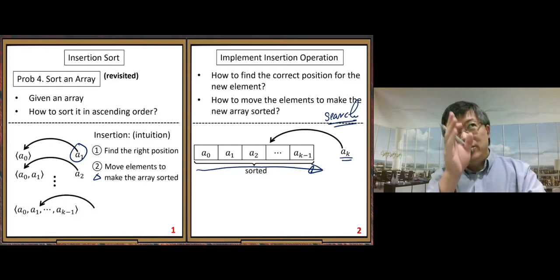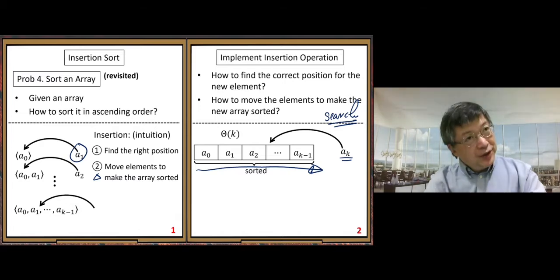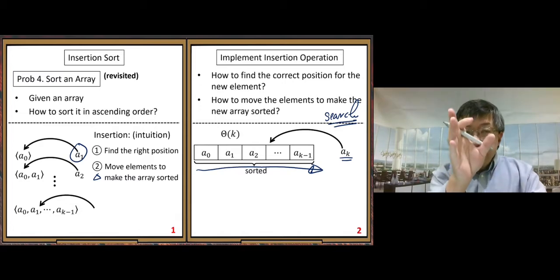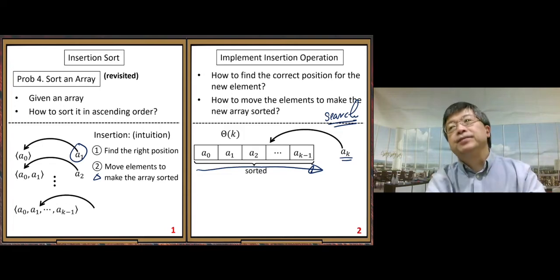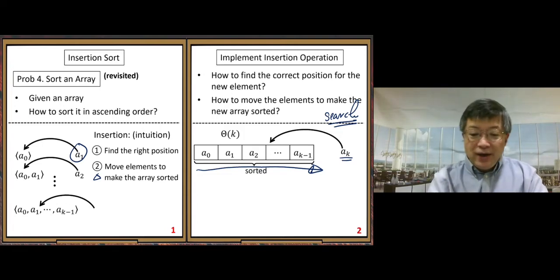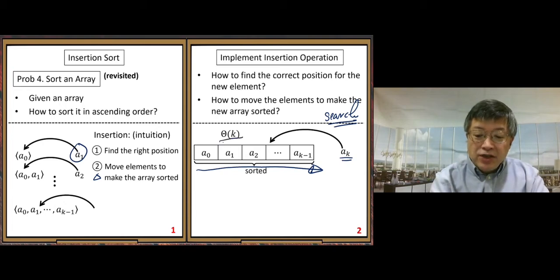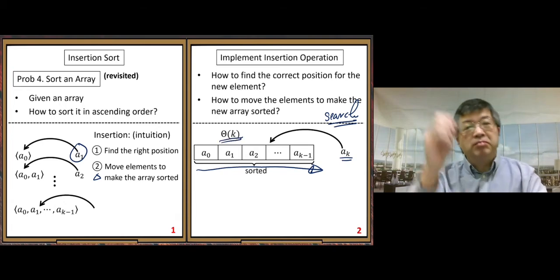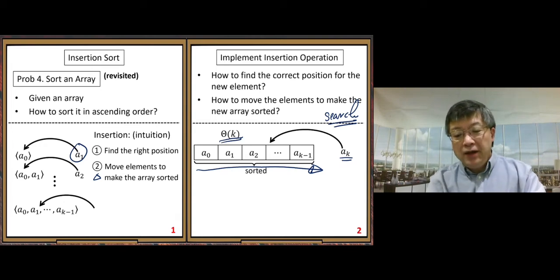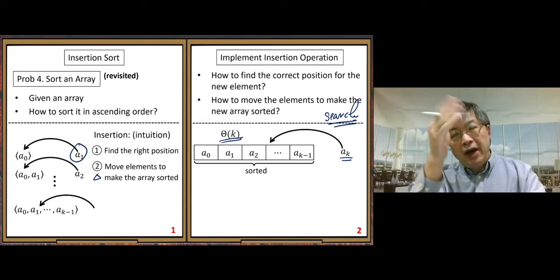Next, we may like to look at the performance or efficiency. How many comparisons or how many operations do we need? Here, use some asymptotic notation. We can use big theta of k, where k is the number of elements in the sorted array.